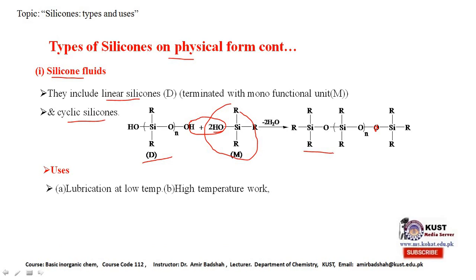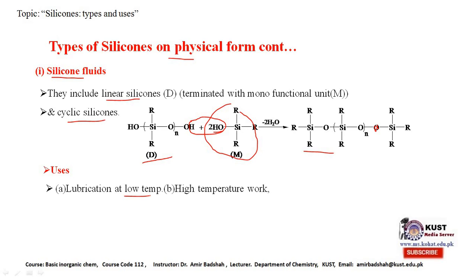Among the uses, these are used at very low temperature. Mainly they are used for lubrication purposes. In some countries the temperature gets very low. So if the temperature is very low, the liquid will change into solid state. But silicone fluids have the characteristic that even at a very low temperature, they cannot change into solid state.